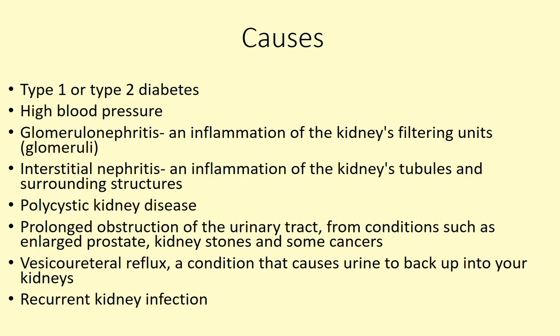Causes could be type 1 or type 2 diabetes, high blood pressure, glomerulonephritis, the inflammation of the kidneys' filtering units, the glomeruli, or interstitial nephritis, an inflammation of the kidneys' tubules and surrounding structures. Other causes could be polycystic kidney disease, or prolonged obstruction of the urinary tract from conditions such as a large prostate, kidney stones, or some cancers.